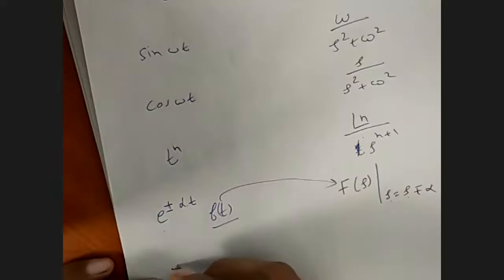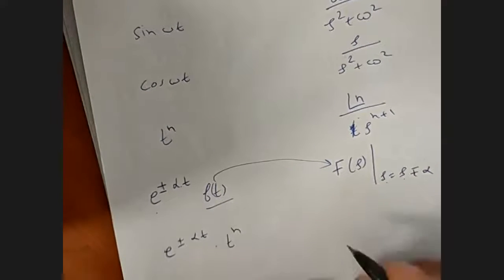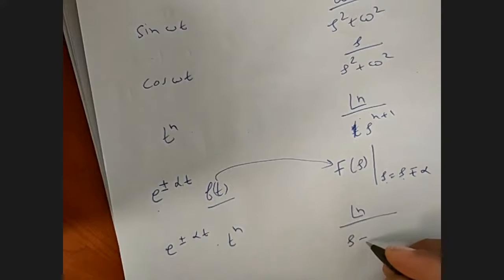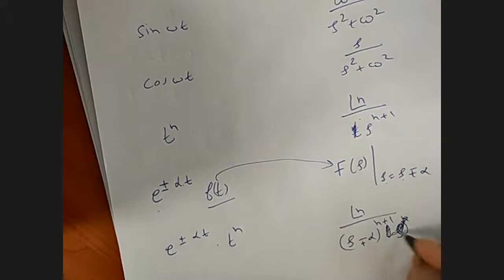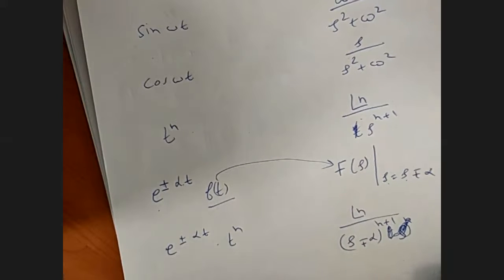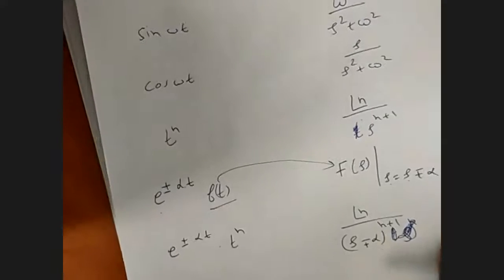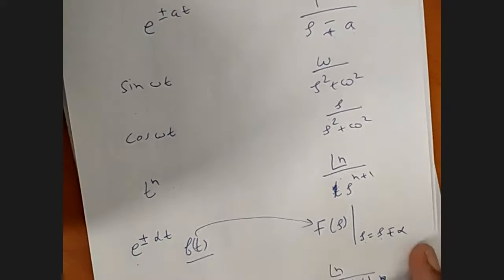That means if we are talking about e raised to power plus minus alpha t into t की power n, it will be factorial n upon s minus plus alpha into s की power n plus 1. You have to just write s plus alpha or s minus alpha in place of s. This is the important Laplace transform term which we'll be using for analyzing any circuit.